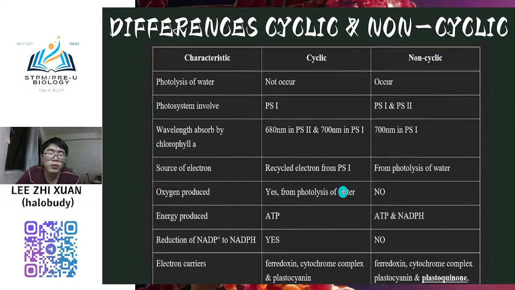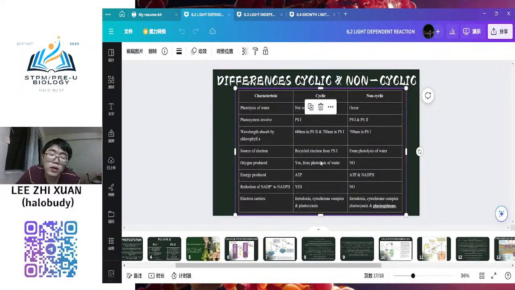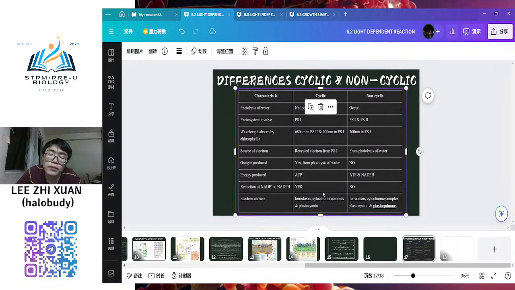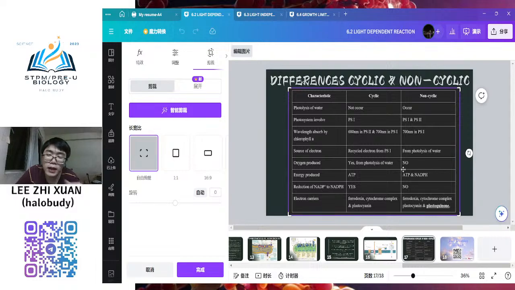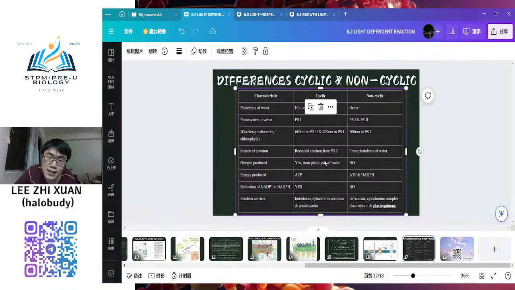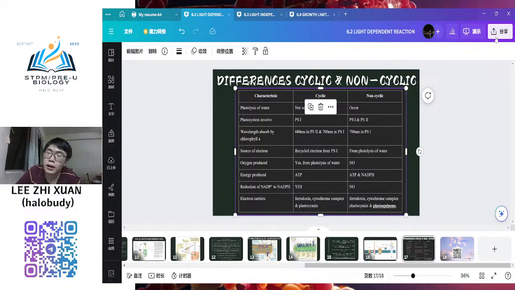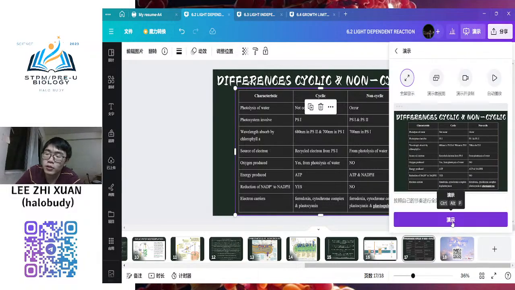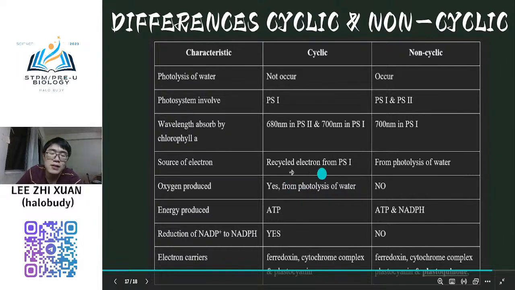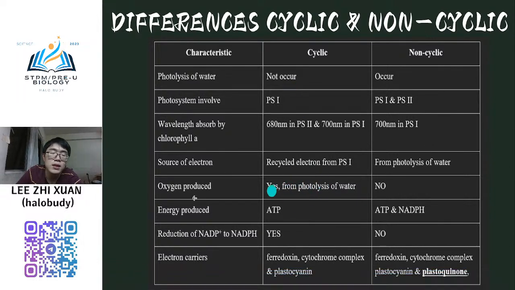Oh, wrong, sorry. No, this one should be no photolysis. This one I will check later. This one should be no photolysis because I already said no photolysis. So that means no oxygen will be produced from cyclic.